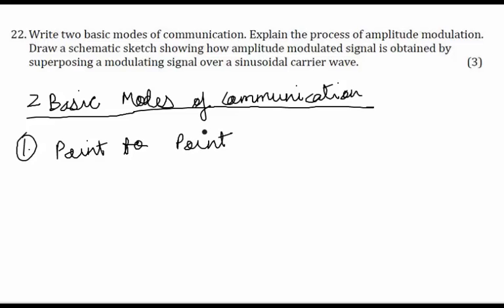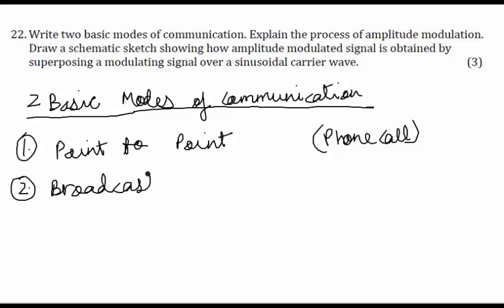Now this can be like a phone call. This is a good example of point to point communication. You have one person talking to another, from one point to another point. Another can be a broadcast.